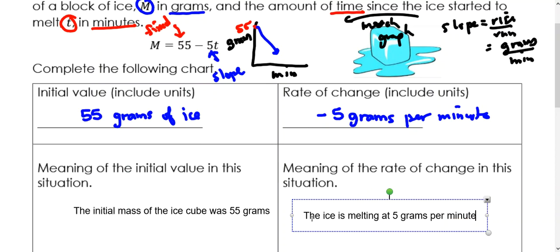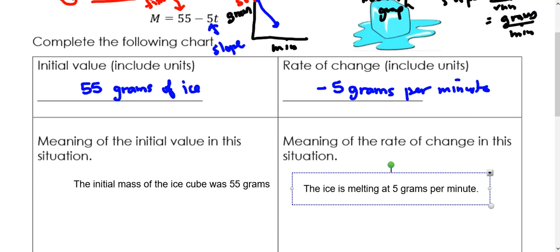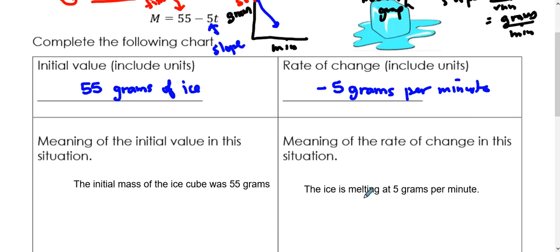But that's kind of what that rate of change versus the initial value is. 55 is by itself, doesn't have any letter, it starts off with. -5 is with the variable t, and that's what's happening there. And this is melting. That makes this a negative slope. Or the ice is decreasing at 5 grams per minute. You can think of it that too.